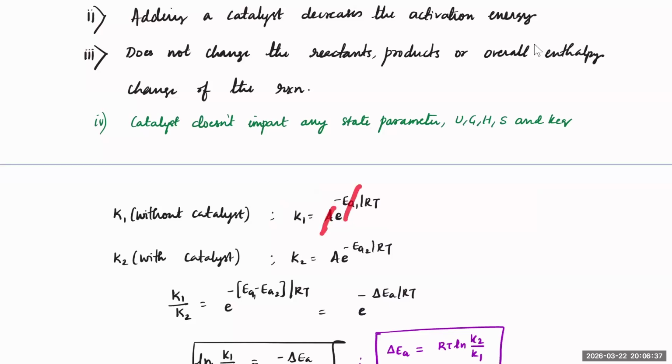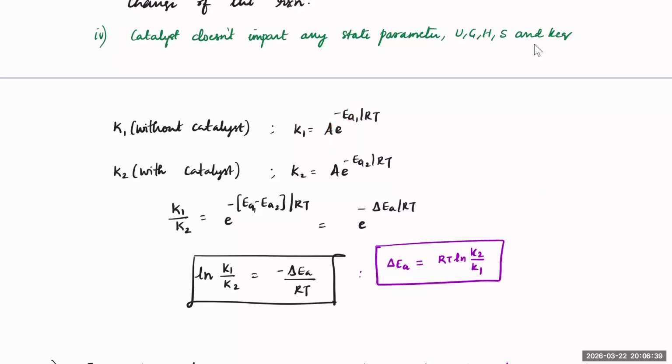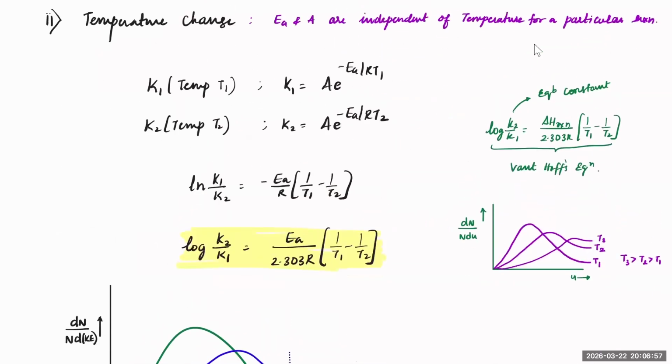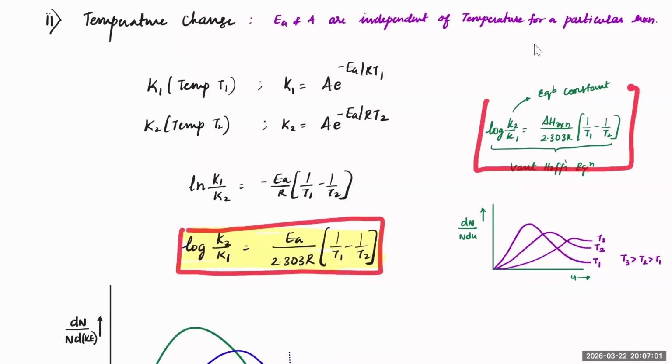And both of these are independent of temperature. Using that knowledge, we were able to derive the rate constant at different temperatures. This is at the same temperature but for different scenarios, which is with and without catalyst. Then for different temperatures, we got this scenario, which is very similar to that of Van 't Hoff's equation.